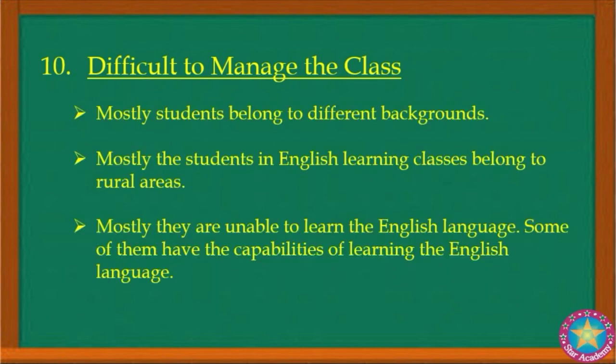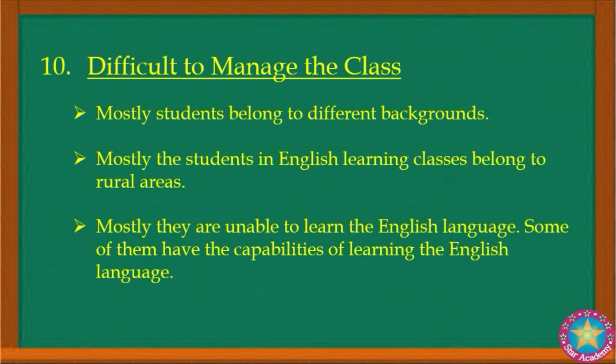Number ten, difficult to manage the class. In English learning academies, it can be found that mostly the students in the English classes belong to different backgrounds. Mostly the students in English learning classes belong to rural areas where there is no scope for learning the English language.